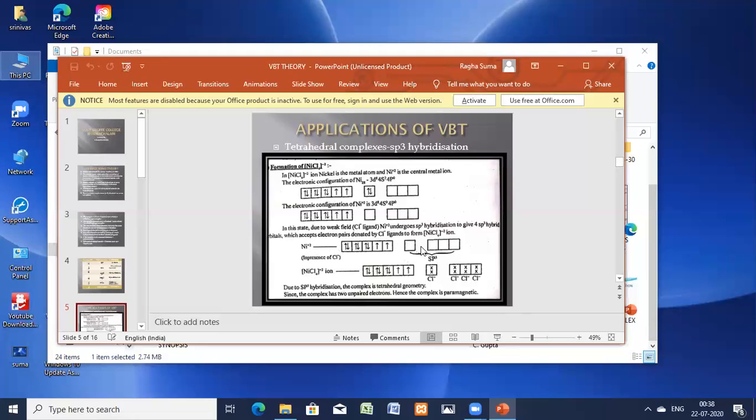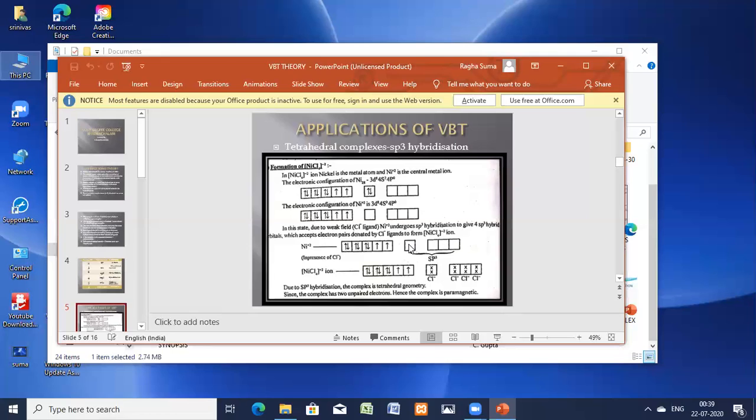So one s orbital and 3 p orbitals, so it is sp3 hybridization. How many orbitals? 1, 2, 3, 4. How many sp3 are formed? 4. 4 atomic orbitals combined to give 4 hybrid orbitals. So 4 sp3 orbitals are formed.